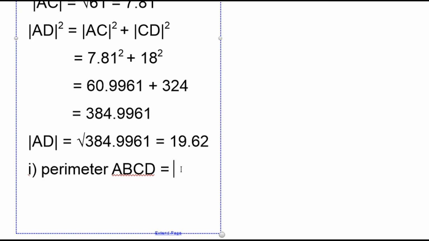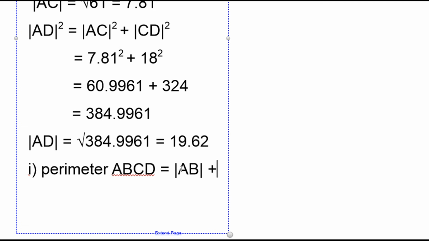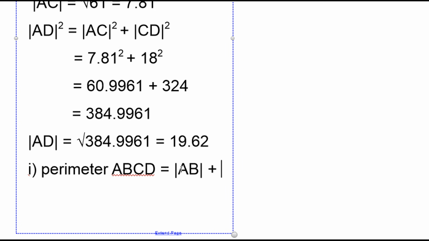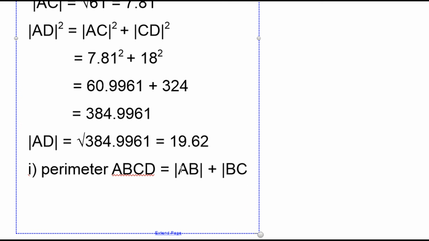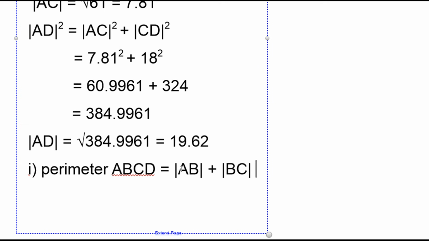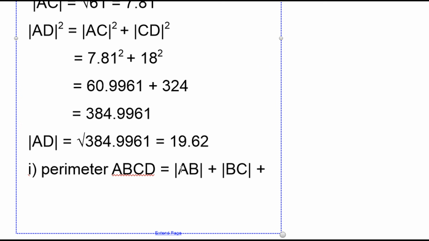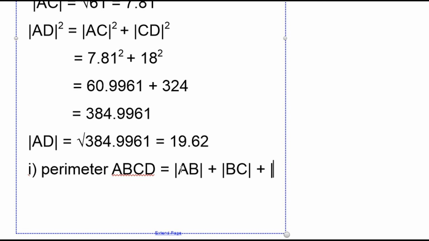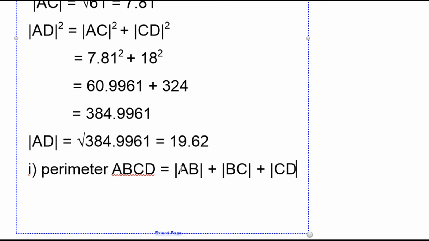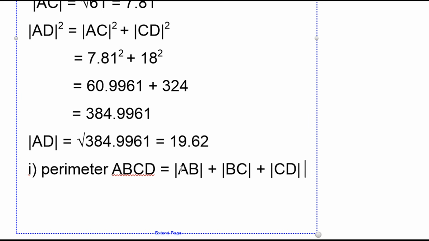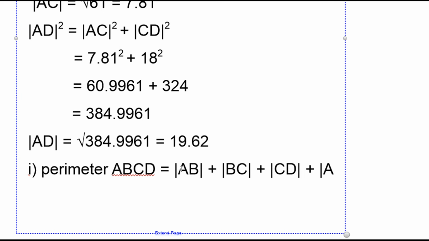The perimeter will be AB plus BC plus CD plus AD.